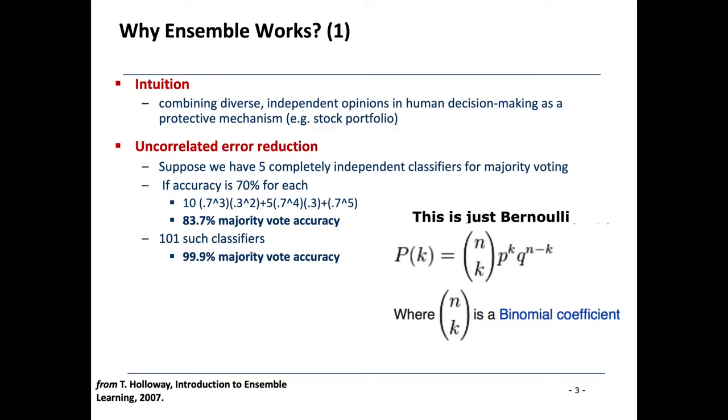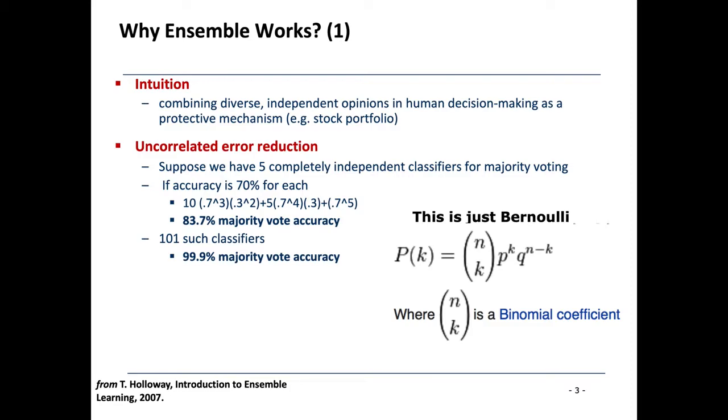So we've used n and k for 3, 4, and 5 respectively to compute the probabilities of having 3 agree, 4 agree, and 5 agree. If you do that calculation, that gives me an 83.7% majority vote accuracy.